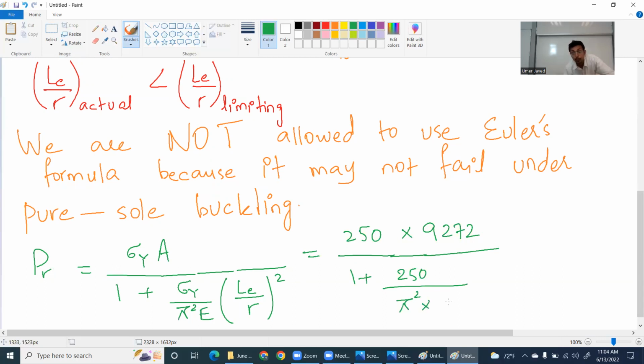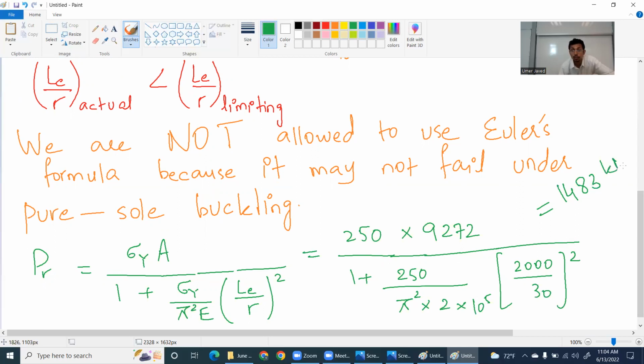Pi square into 2 into 10 power 5 multiplied by 2000 divided by 30. I've converted everything into millimeter, I suppose. So the answer is 1483 kilonewton.